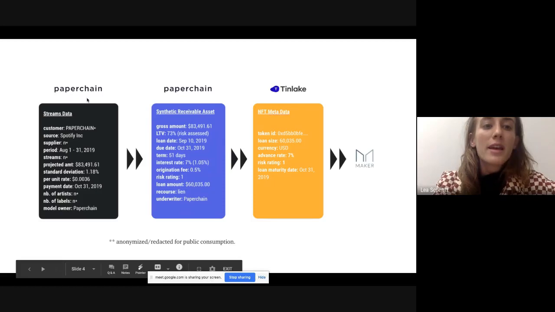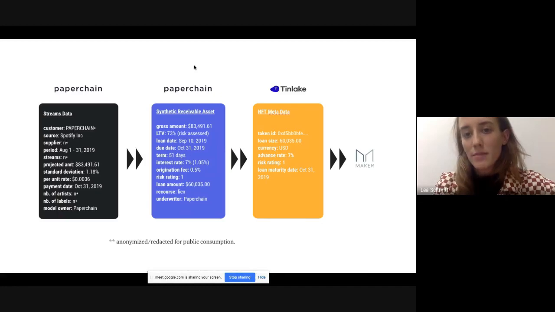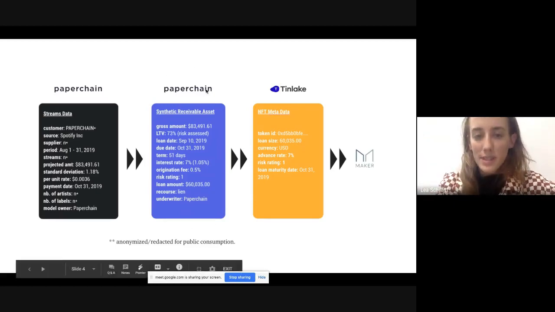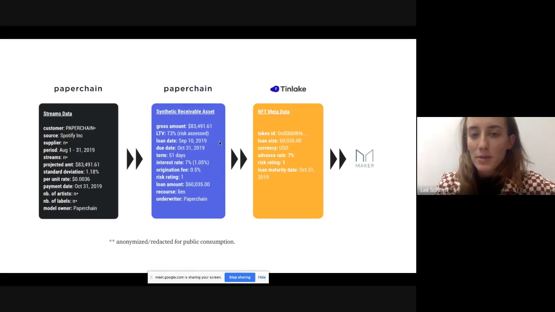So they have different sources where they source their data to generate insights on future receivables, and this is basically how Paperchain processes that data and runs a risk analysis, like how much they will receive.